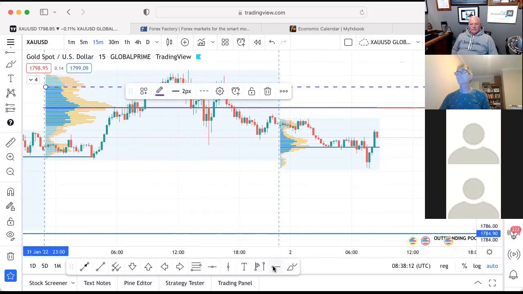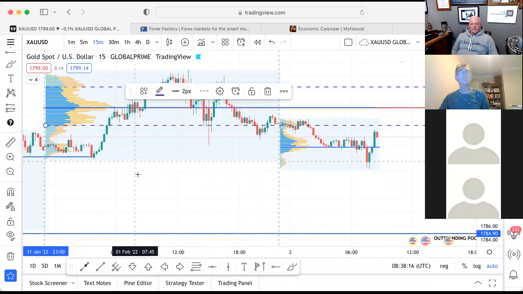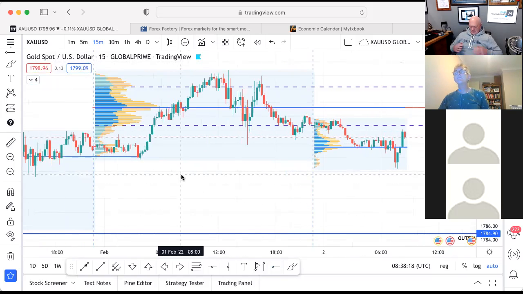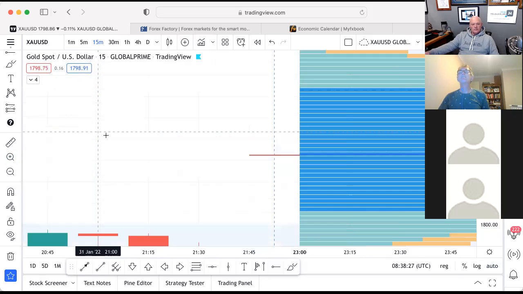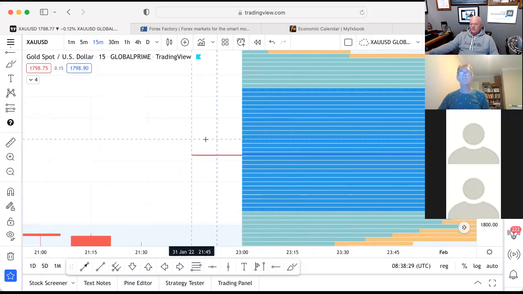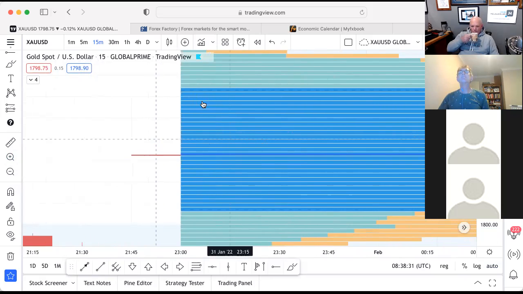And the third line there. What you can do if you want to get those absolutely accurate, you can zoom in to that area there and just make sure that you're actually in the right spot.